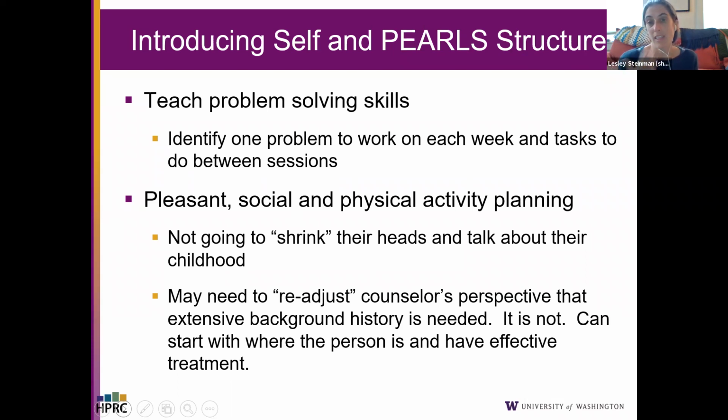We have found that a lot of that comes out over the course of your time working together, so that if it's interfering with the treatment, you can start to address some of those pieces. But it's very important that you just start with where the person is today and move forward. That can be harder with some of the trainees, and that's part of the reason we practice, honestly, so people can get a sense of, okay, this can work.